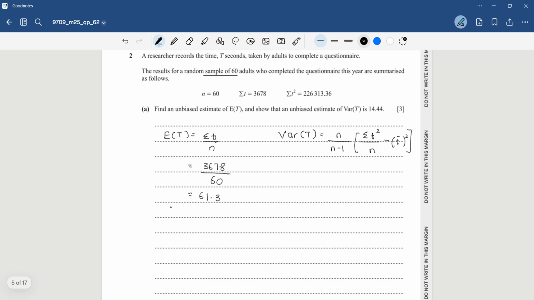You can just substitute this into the formula: my n here is 60, so 60 over 59 multiplied by 226,313.36 over 60 minus 61.3 squared. You calculate this, you will get 14.44. That's it.